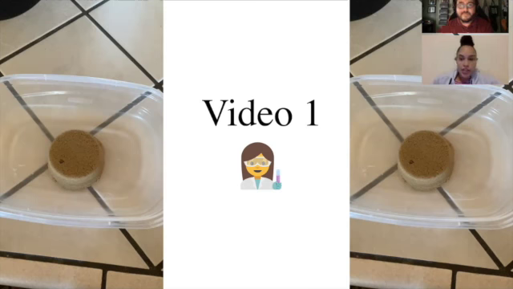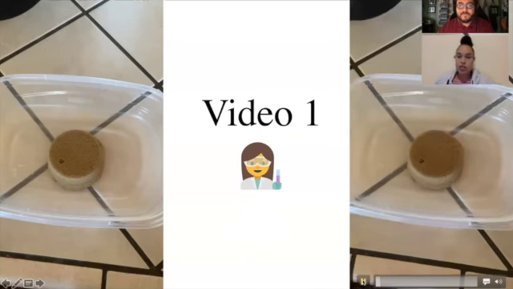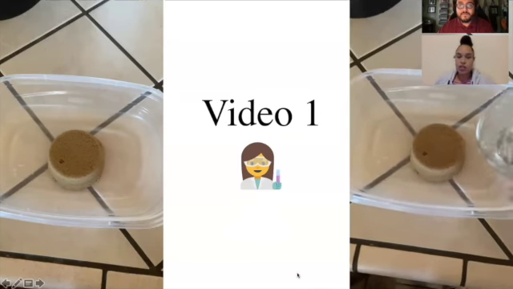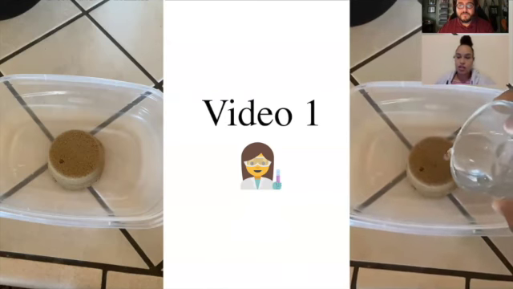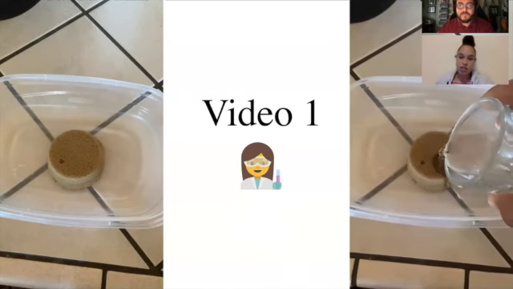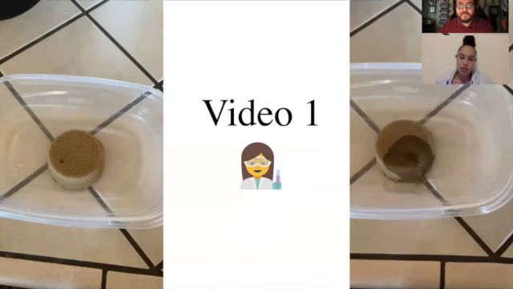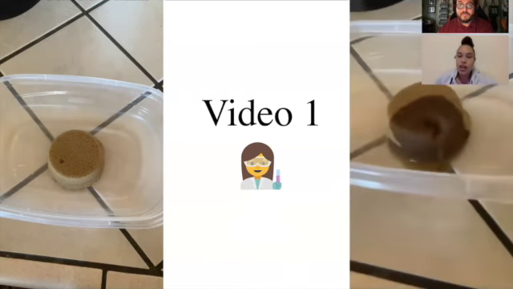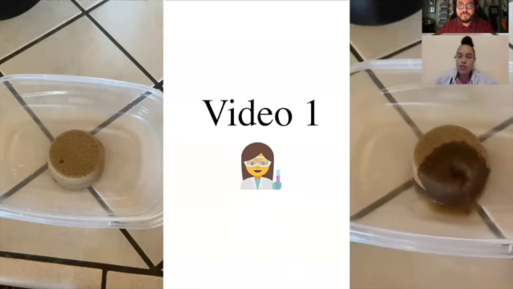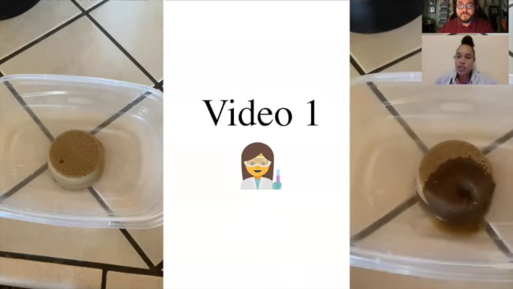And this is a video of me doing it by adding a little bit of water. So this is the first step. We would be doing this, and then kind of make observations of the changes.